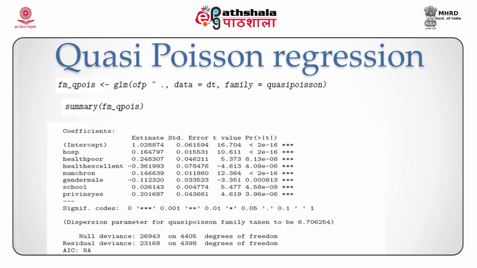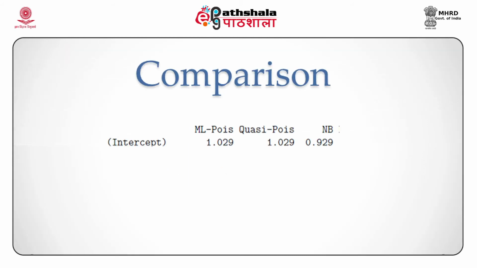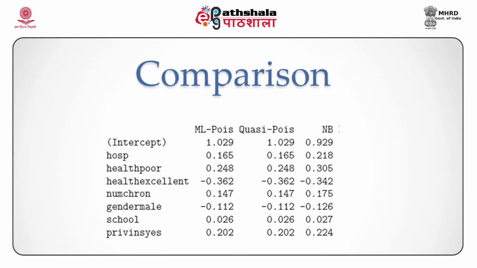Another alternative which we could have fitted to the model is negative binomial regression. This can be done using the R function glm.nb, the rest of the syntax being as before. We can run a summary of the object, and the output looks very similar to that given on the previous slide. In fact, here is a comparison of the regression estimates obtained from the Poisson fit, the quasi-Poisson fit, and the negative binomial regression.